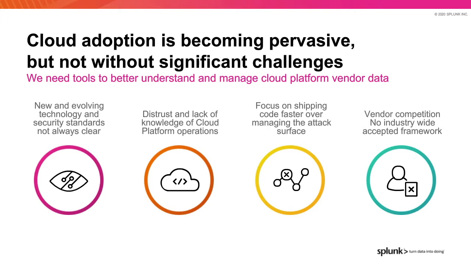Modern app dev teams follow a DevOps culture, focus on releasing code faster and build with more complex interdependencies, causing unpredictability and risk. Lastly, vendor competition and different standards are not helping create a clear and unified vision. There is no industry-wide accepted framework to follow.